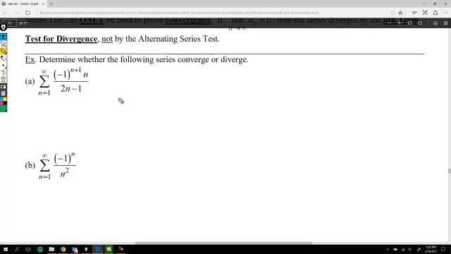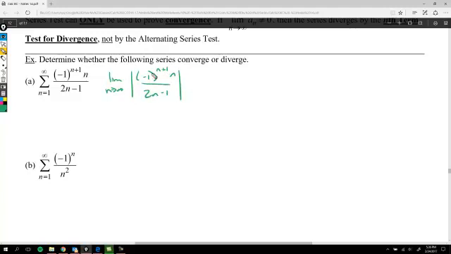Now real quick, this is an interesting example. The first thing I would do, again, with any series that I get is the nth term test. With any series, that really should be the first thing you do. So I take the limit as n approaches infinity of the absolute value of (-1)^(n+1) times n over 2n minus 1.